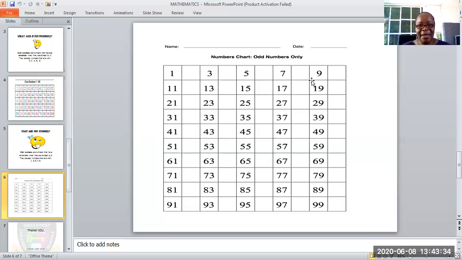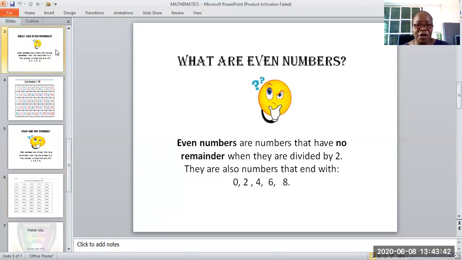Odd number, even number. What are even numbers? We have said even numbers are numbers that have no remainder when divided by 2. They are also numbers that end with 0, 2, 4, 6, and 8.